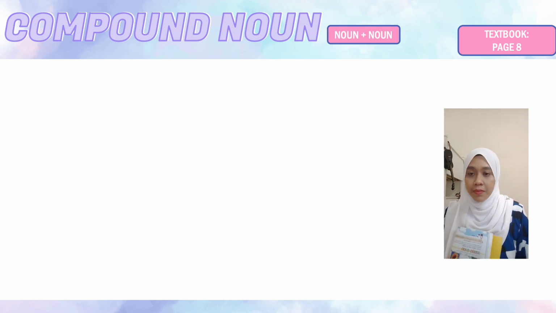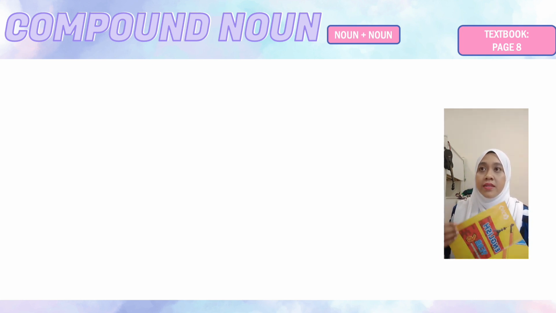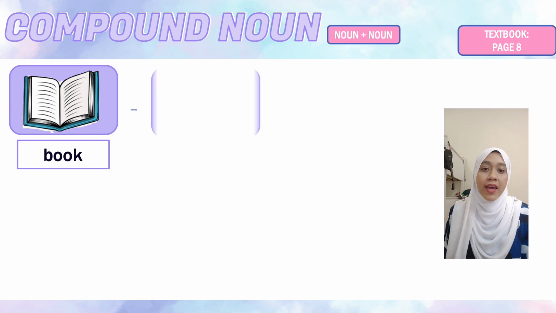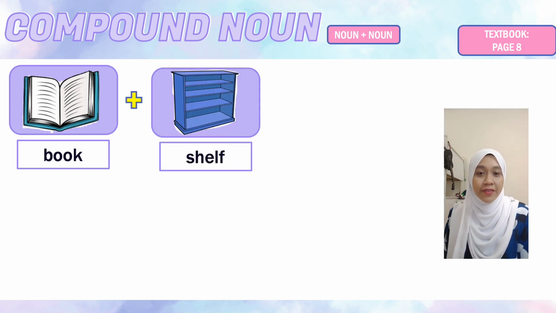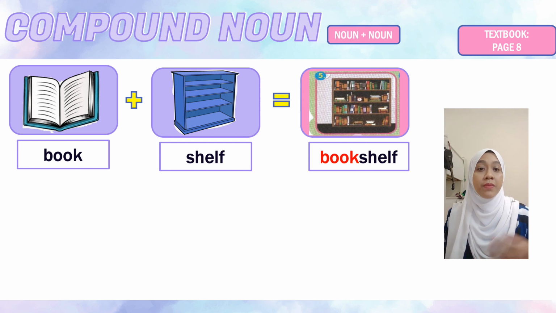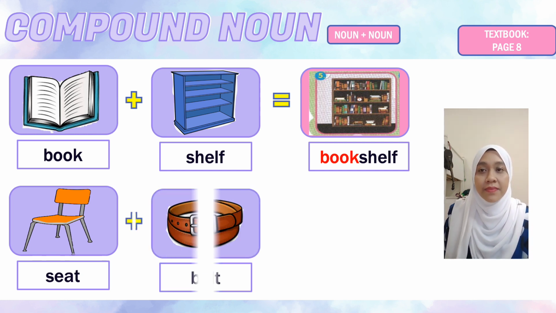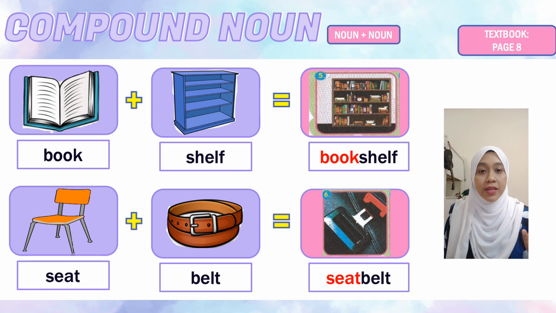Okay, so next example that we have here is, right, let's look what we have. We have book and shelf. Book and shelf, it becomes bookshelf. Next, we have seat and we have belt. So the compound noun is seat belt, right? Seat belt.